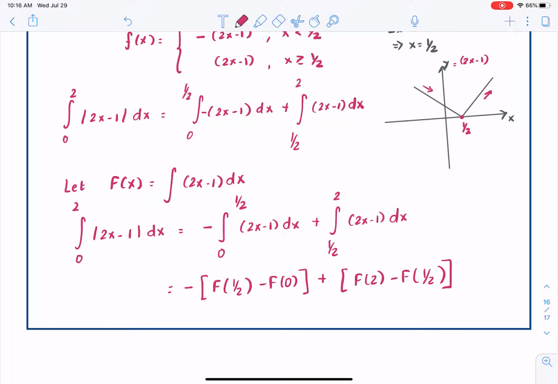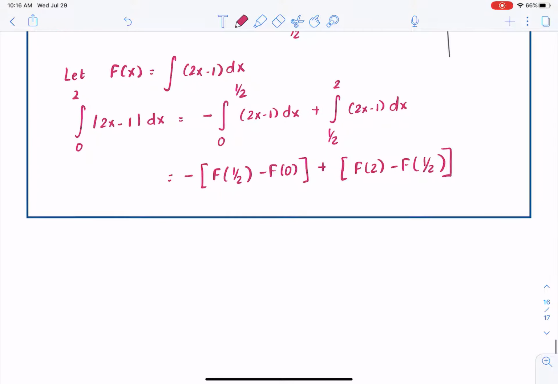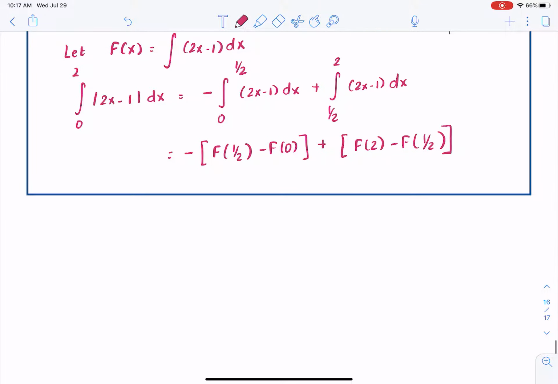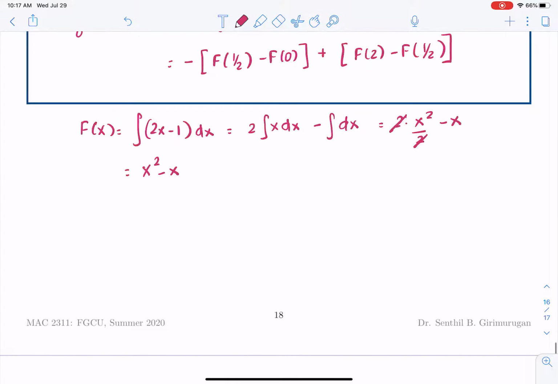Now, as long as I find F of x, I could find the answer. So F of x is equal to the integral of 2x minus 1 dx, which is 2 times the integral of x dx minus the integral of dx, so 2 times x squared over 2 minus x, which is simply x squared minus x.